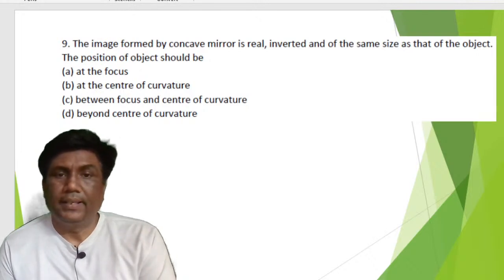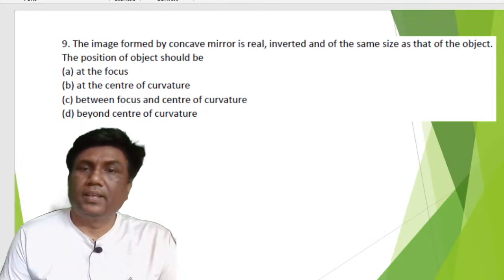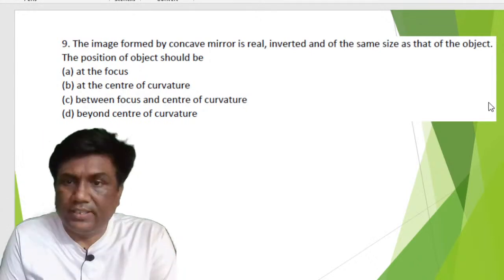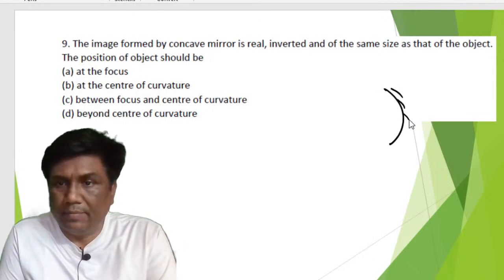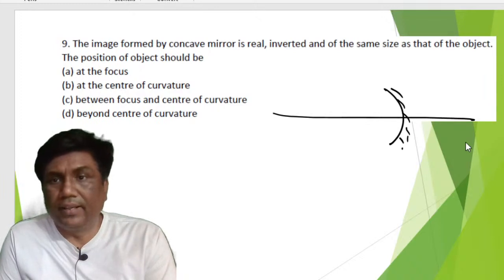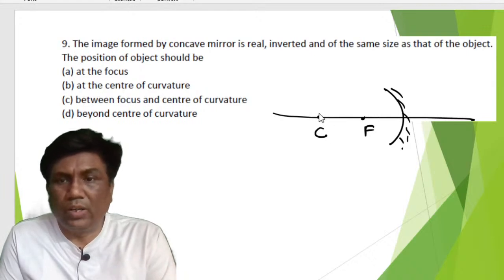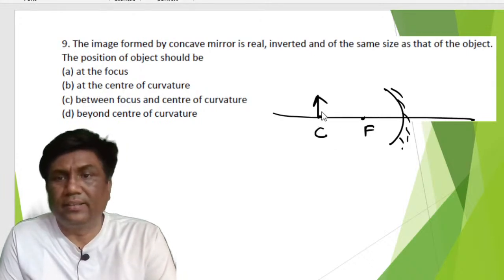Well, the image formed by a concave mirror is real. Real means what? If it is a concave mirror, the image should also be on the left side only, okay. Inverted and in the same size. So it is F, it is C. So it is possible only when the object is at the C, okay.